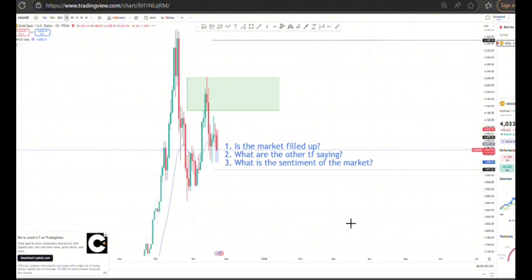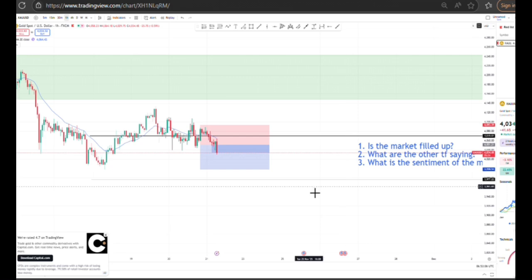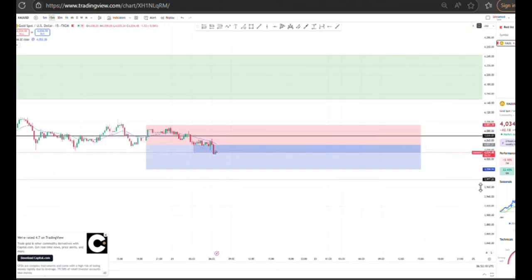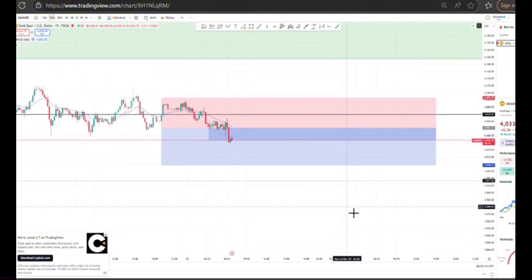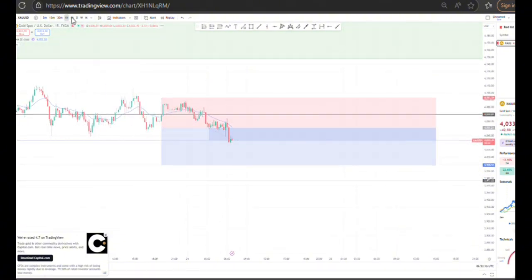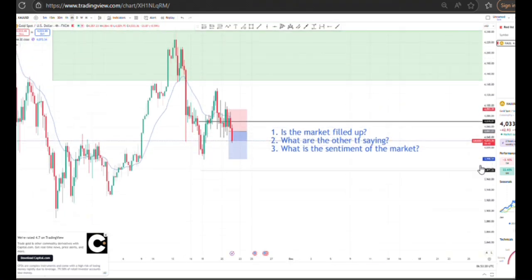The lower time frame, 1 hour, is on a bearish momentum. 15 minutes is on a bearish momentum. They are all speaking the same language, which is making this make sense.